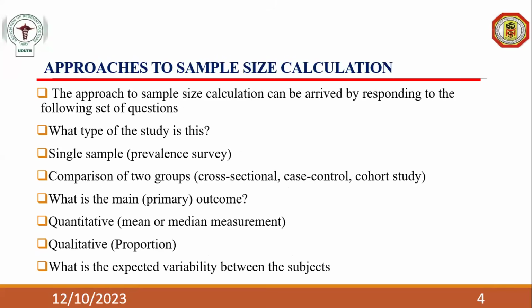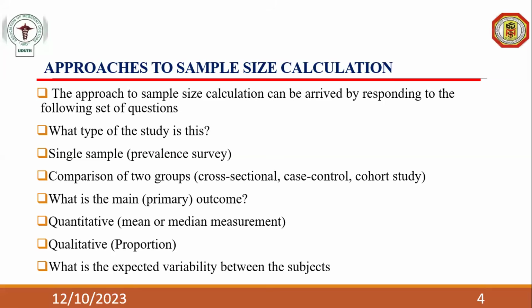So what are the approaches to sample size calculation? The approach to sample size calculation can be arrived at by responding to the following set of questions. 1, what type of study is this?